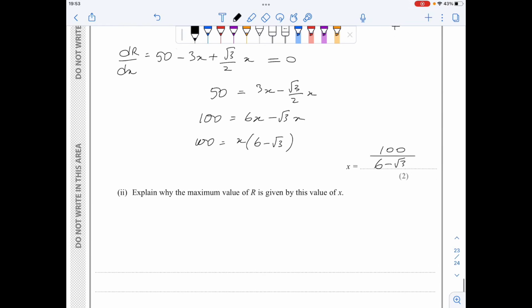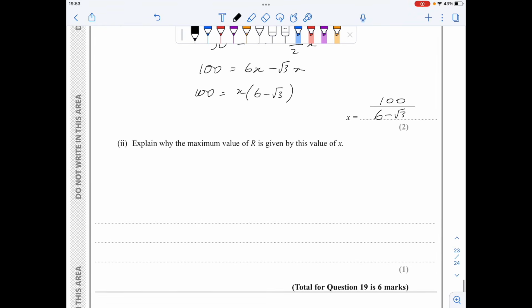Now for the second part of B, explain why the maximum value of r is given by this value of x. Many ways to do this. I will differentiate for a second time, so d2r/dx squared is equal to minus 3 plus square root of 3 over 2.